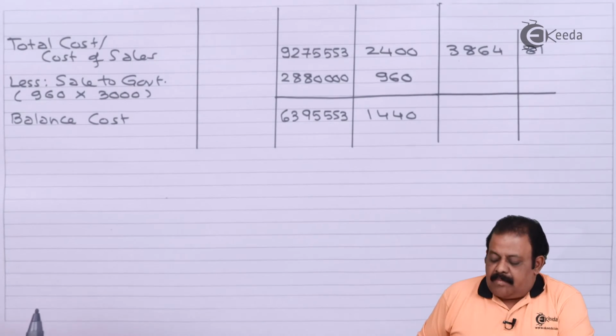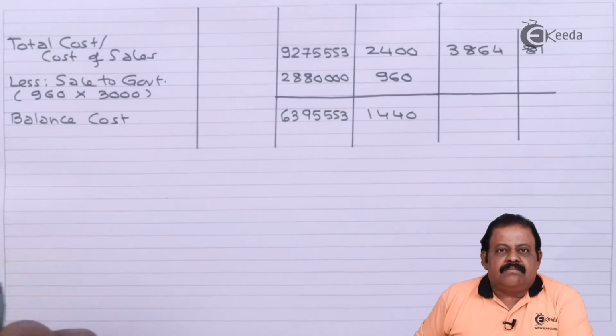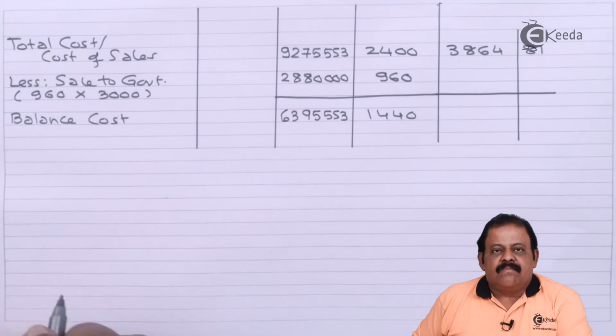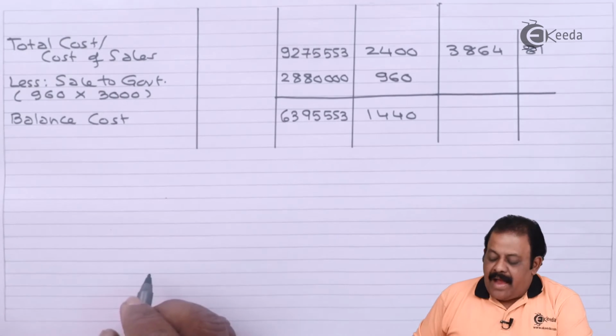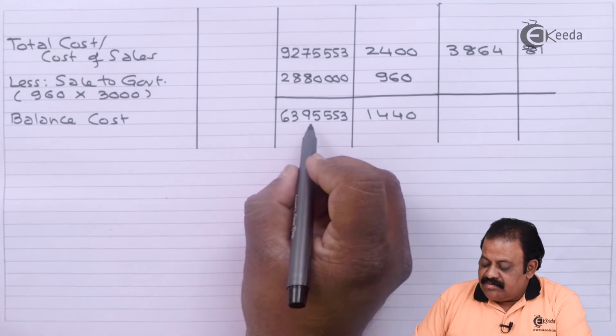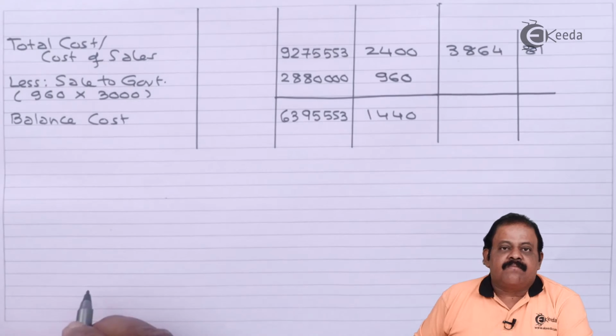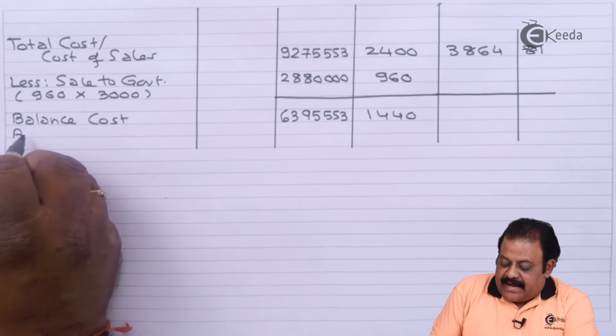There is a sale to the government at the rate of 3,000 per ton. It comes to 28,80,000. So from total cost we have deducted that recovered amount. So balance cost remains 63,95,553.